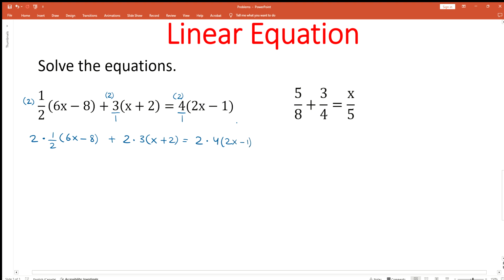In the first term, 2 times 1 over 2 is equal to 1. The 2's cancel each other out. In the second term, 2 times 3 is 6. And in the third term, 2 times 4 is 8.